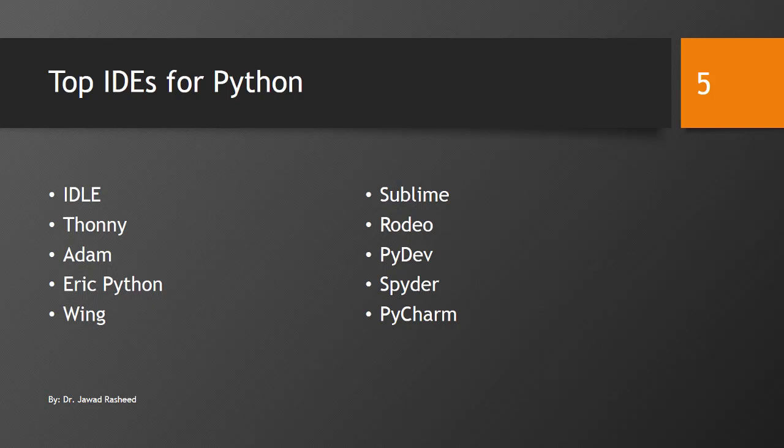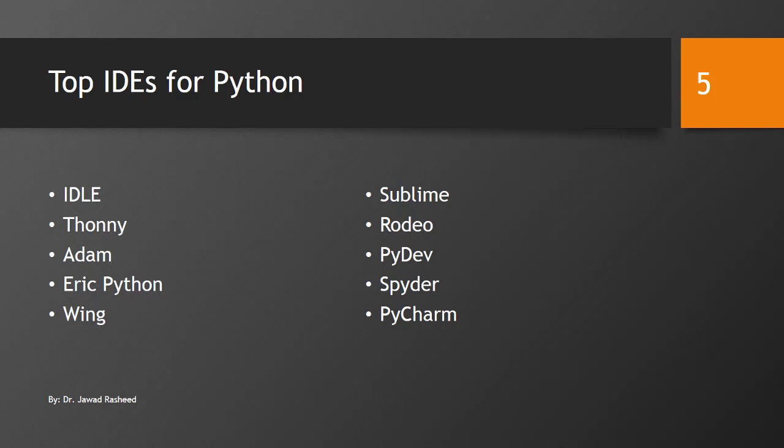PyDev is another open source cross-platform IDE. It is actually a third-party package which serves as a plugin for Eclipse. You might have used Eclipse for Java, for C, for Node.js, and many others. So if you install this plugin in Eclipse, you will be able to write code for Python and run it in Eclipse.